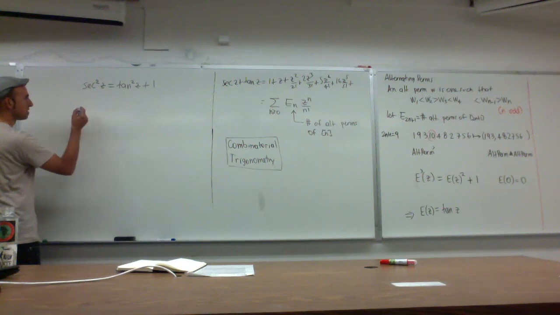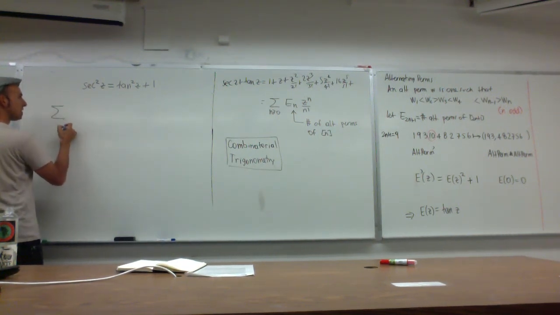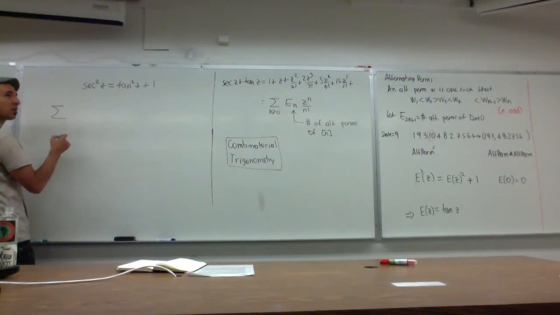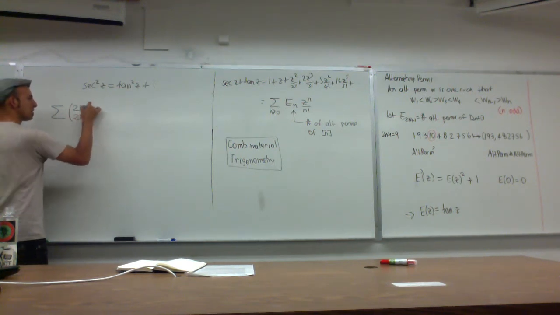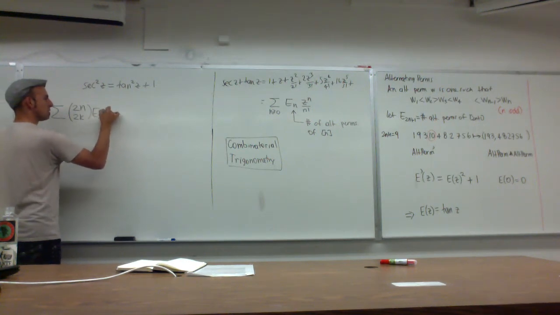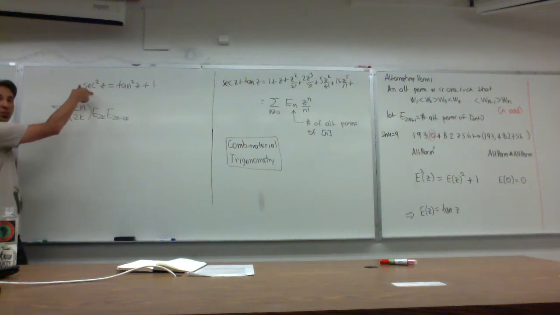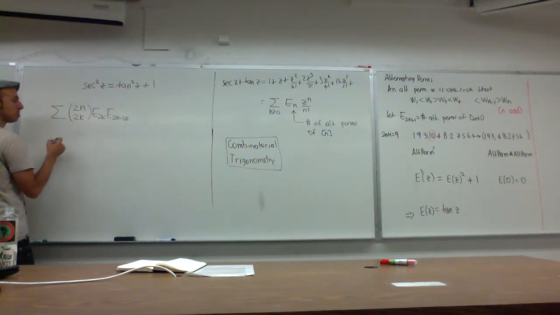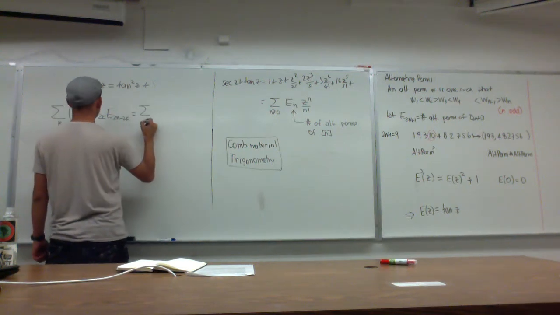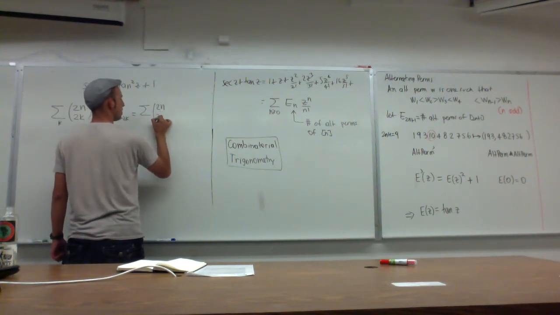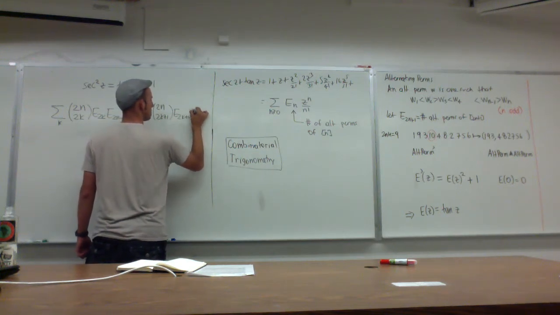And so this is the same thing as saying that the sum over k of binomial(2n, 2k) E_2k E_2n-2k, the coefficient of z to the 2n here, is equal to the sum of binomial(2n, 2k+1) E_2k+1 and so on.